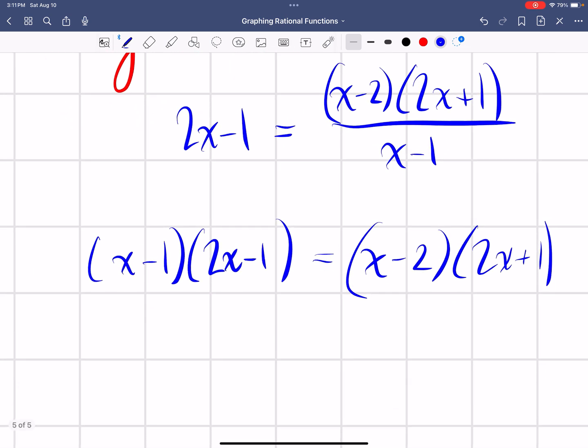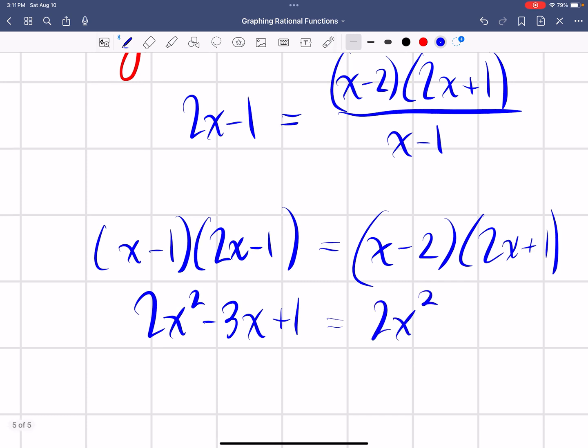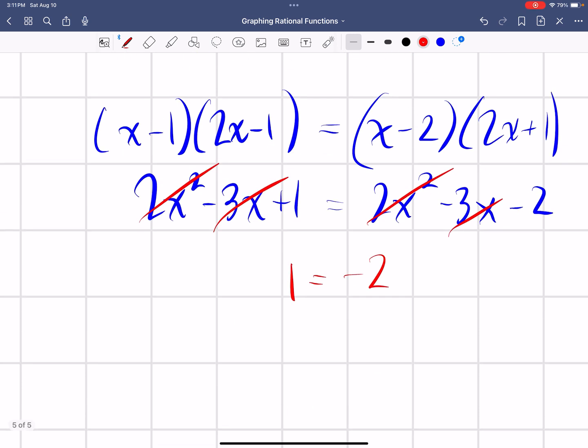And then we'll FOIL both sides. So we get 2x squared minus x minus 2x, that's minus 3x plus 1 equals 2x squared plus x minus 4x, so minus 3x minus 2.